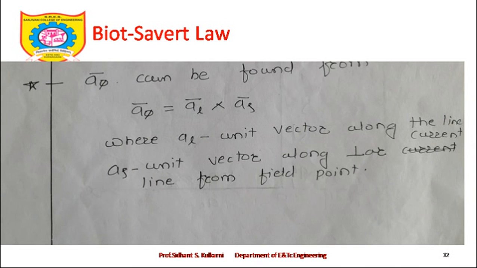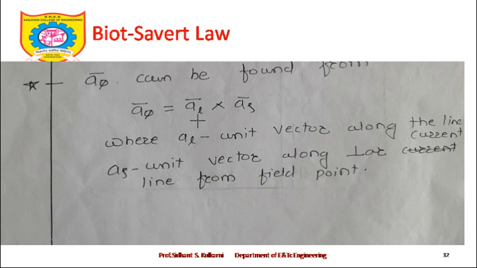So this is a hint that you require for solving the numerical. Try to understand one basic formula for calculation of A phi bar. Now you have one equation of H bar. H bar is equal to I upon 4 pi rho, cos alpha 2 minus cos alpha 1, A phi bar. What is that A phi bar we need to calculate? A phi bar is equal to AL bar cross arrow bar. What is this AL bar?